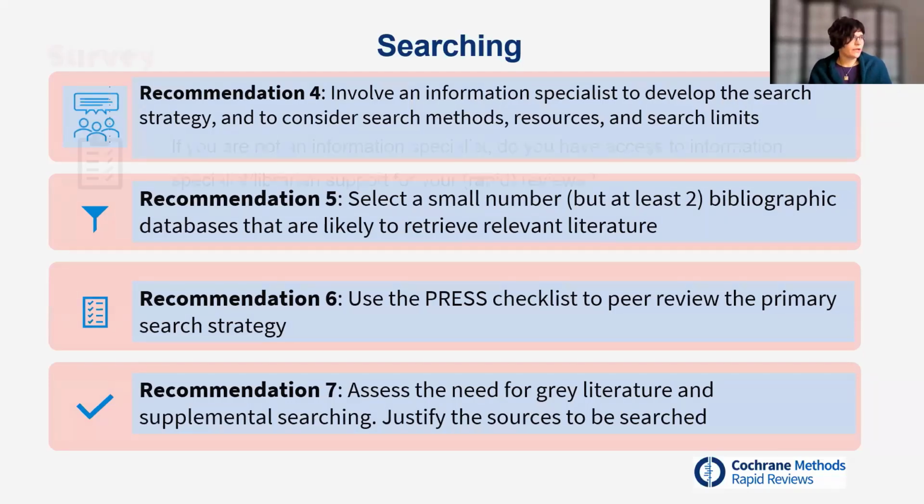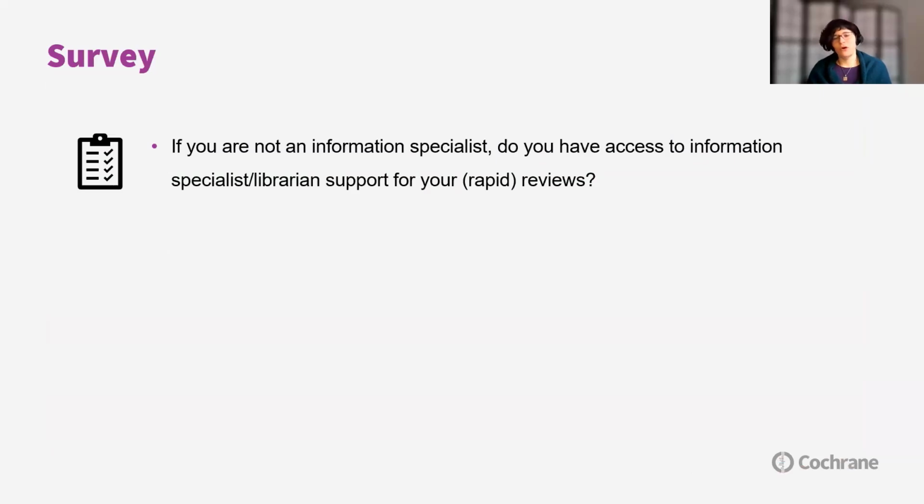And so what I would like to know, for those of you who are not already information specialists, librarians, or the like, is do you have access to someone like this when you conduct reviews?